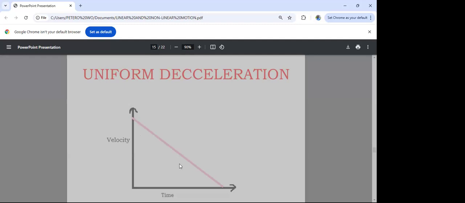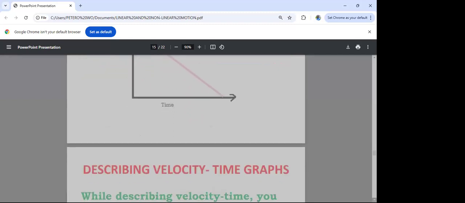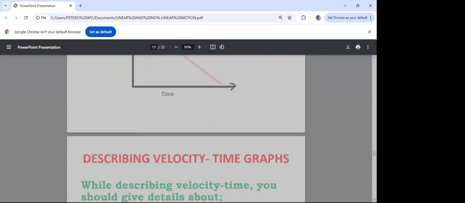For example, average velocity, distance traveled by a body, and these can help us to complete our tasks. So we are going to look at how I can describe a graph fully, and that is going to be our next slide: describing velocity time graphs.